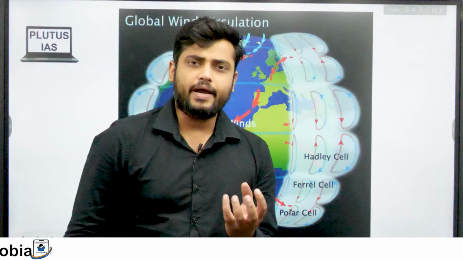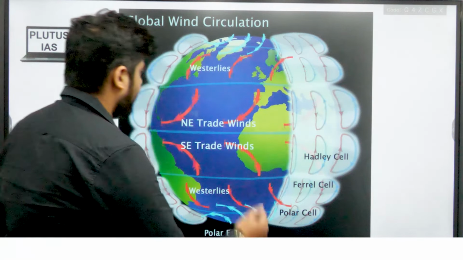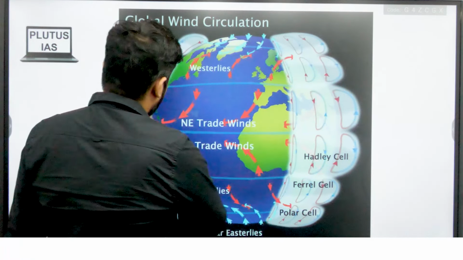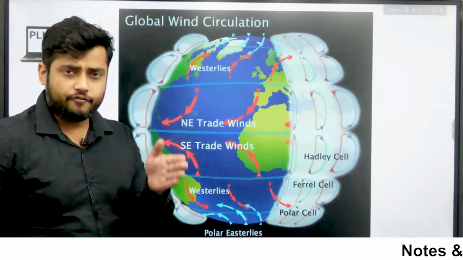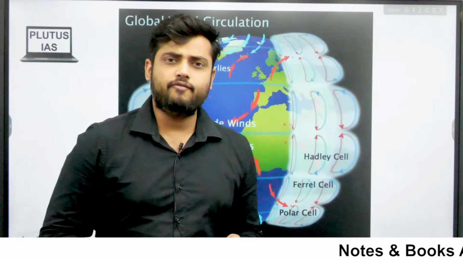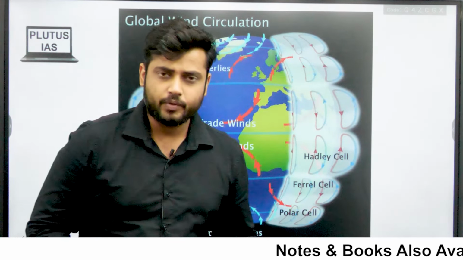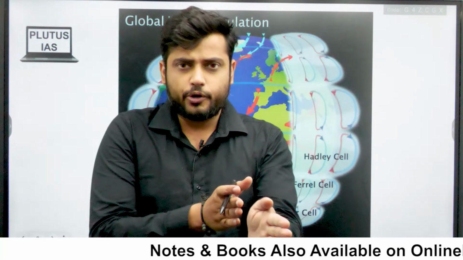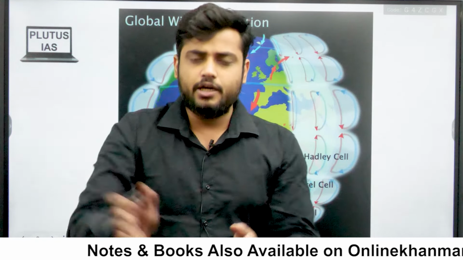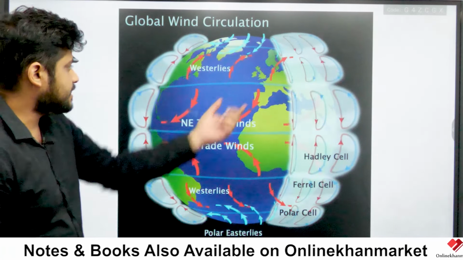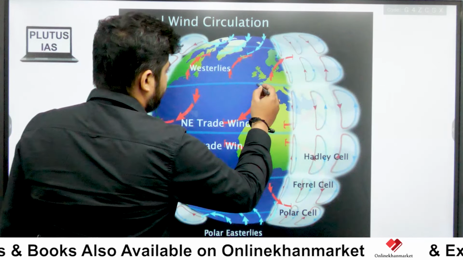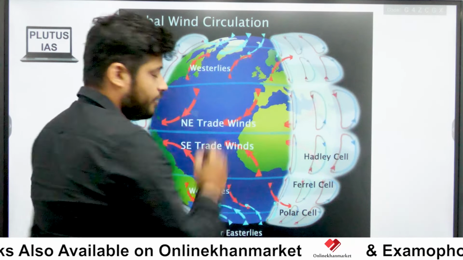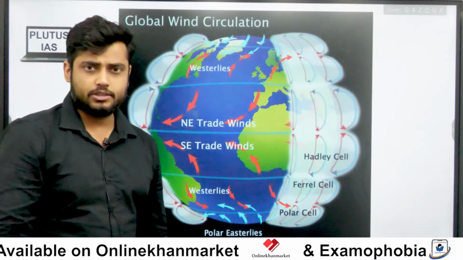But because of the rotation of the Earth, we have the Coriolis force, and in the northern hemisphere, every moving object will be deflected towards its right. Suppose I am moving in the forward direction; because of the Coriolis effect, I would be deflected towards the right. This is what happens here. The wind is moving from 30 degrees north to the equator, and it is deflected towards its right.